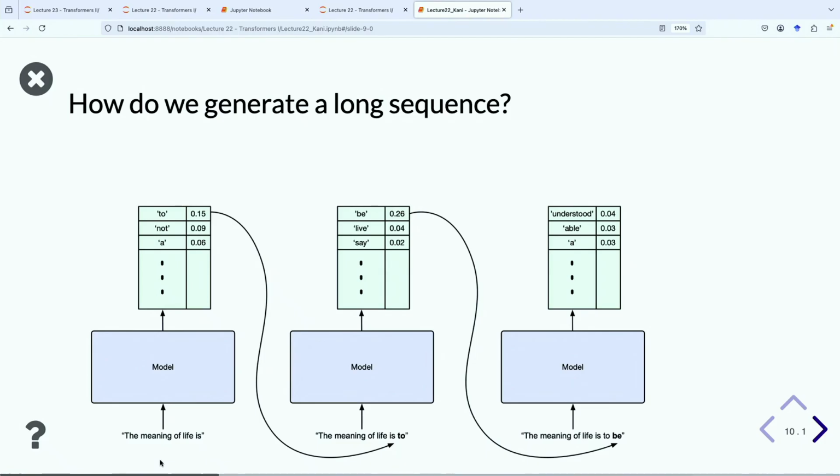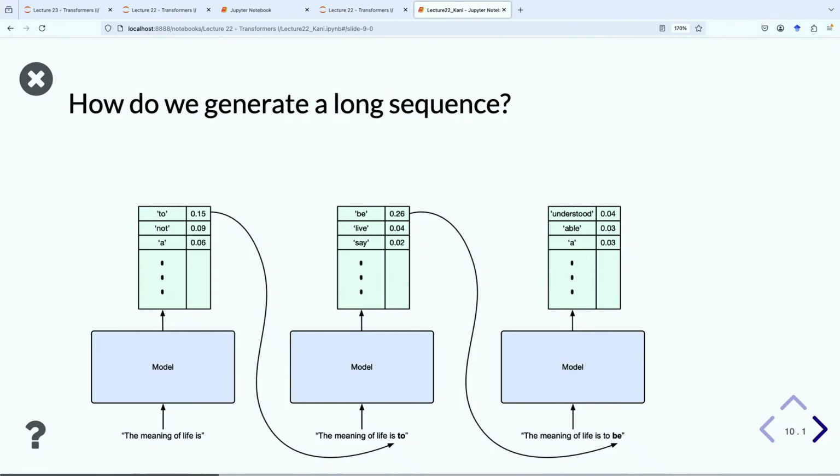So if we start off with "the meaning of life is", the model could say that the next most probable token is "to". We put that into the input: "the meaning of life is to". Put that into the model, and the model gives you a new probability curve with a bunch of different tokens it says are probable.